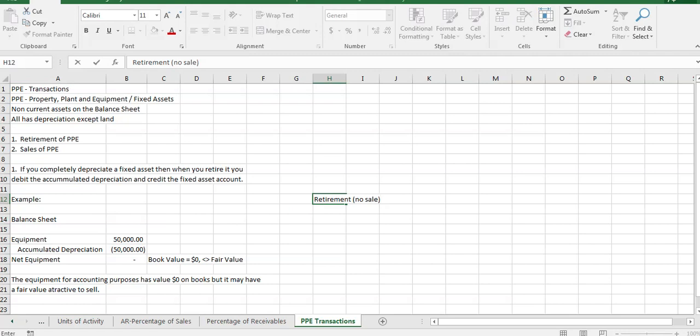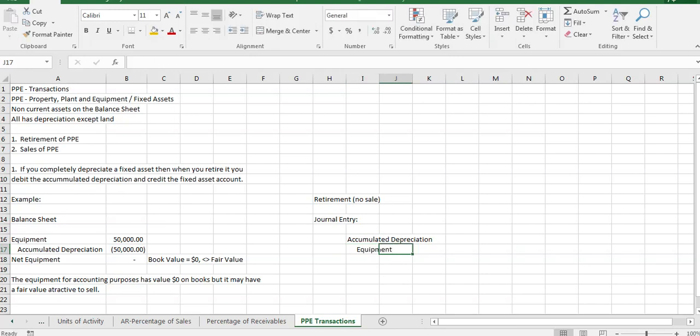We will simply say that we are retiring the asset. So we will debit the accumulated depreciation account and we will credit the equipment. As simple as that. Basically, we are reversing the value that it has for book purposes.